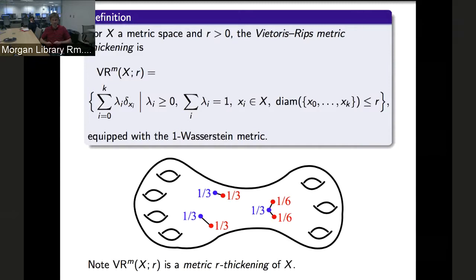And we're going to use what's called the Wasserstein distance, or the earth mover's metric. So pretend we had a blue collection of dirt and a red collection of dirt. The blue collection of dirt was split into 3 piles, each of 1/3 of a pound. And the red collection of dirt was split into 4 piles, a 1/3 pound, a 1/3 pound, a 1/6 pound, and a 1/6 of a pound.